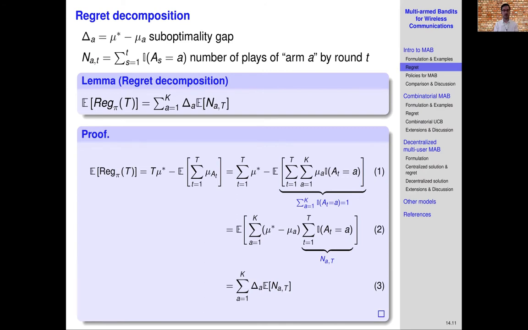Let N_A(T) represent the number of plays of arm A by round T. The regret decomposition lemma tells that the expected regret is equal to the sum over all arms of the suboptimality gap of the arm times the expected number of plays of the arm. This is intuitive since every time we select the suboptimal arm A, we will incur an expected regret proportional to its suboptimality gap.